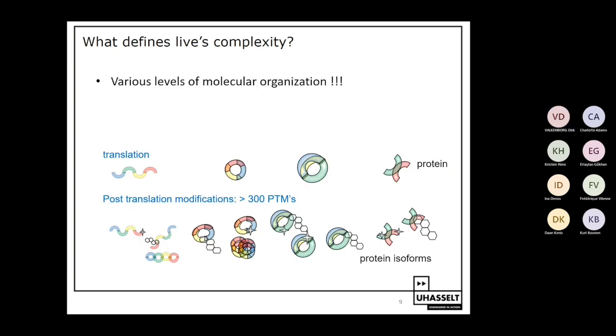What is even more interesting is that these proteins themselves start to interact with each other, as you can see here on the slide. The interaction between proteins can form complexes. And some proteins form basic units that can be reused in different larger protein complexes.